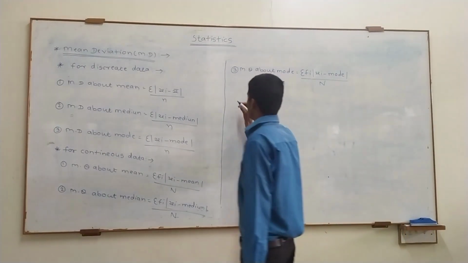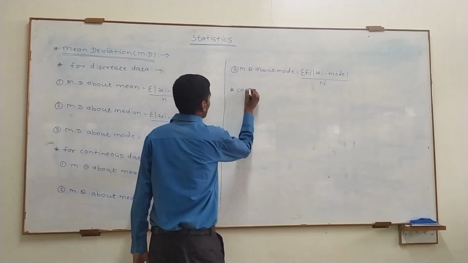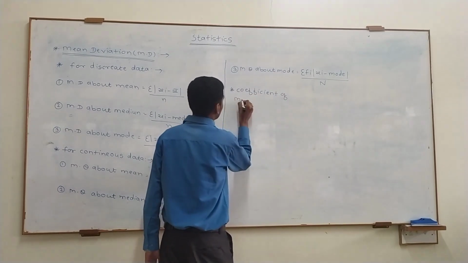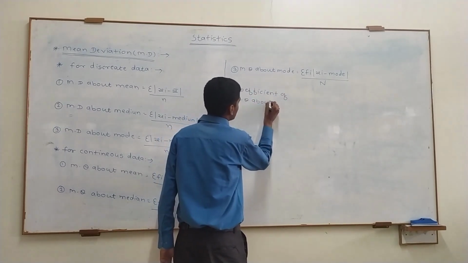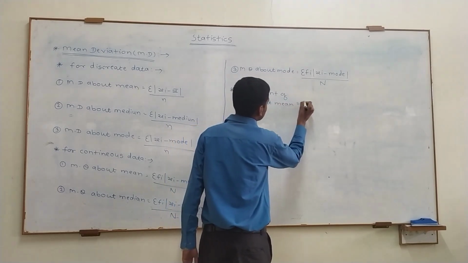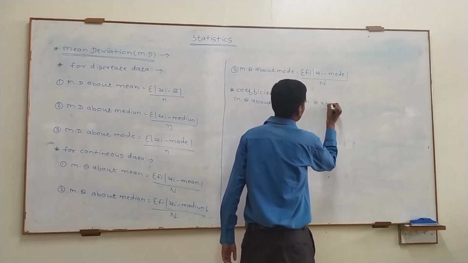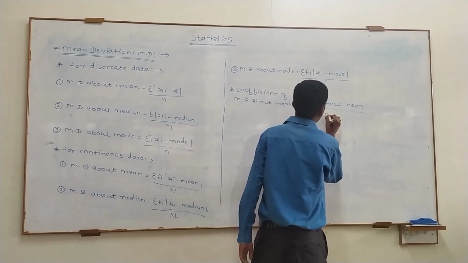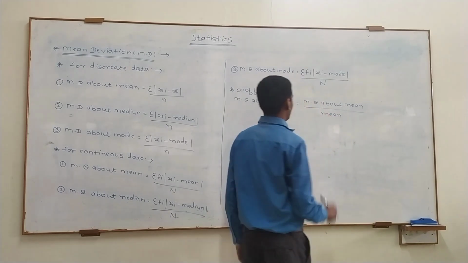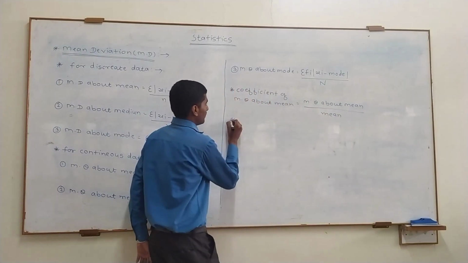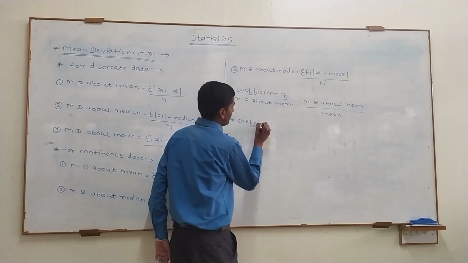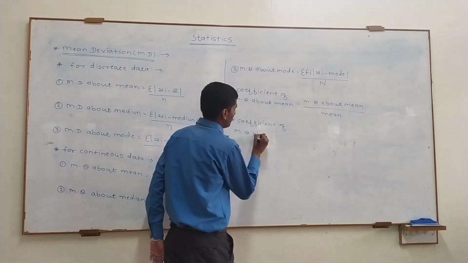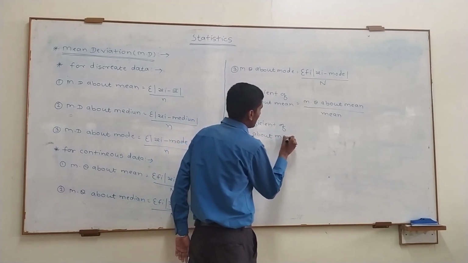Next are some formulas for the coefficient of mean deviation. The coefficient of mean deviation about mean is the mean deviation about mean divided by the mean.